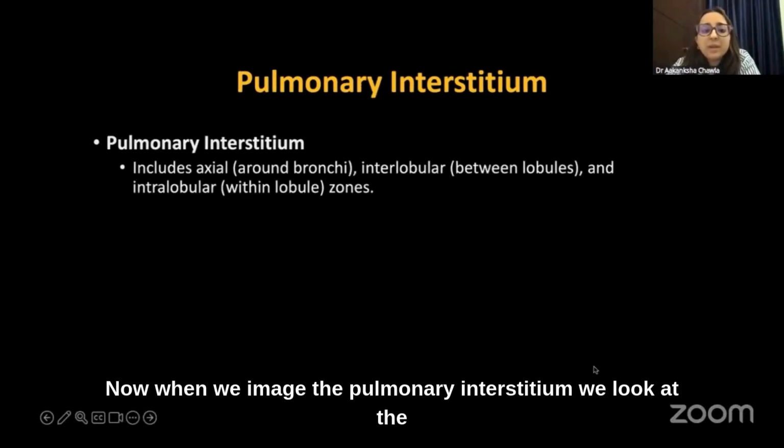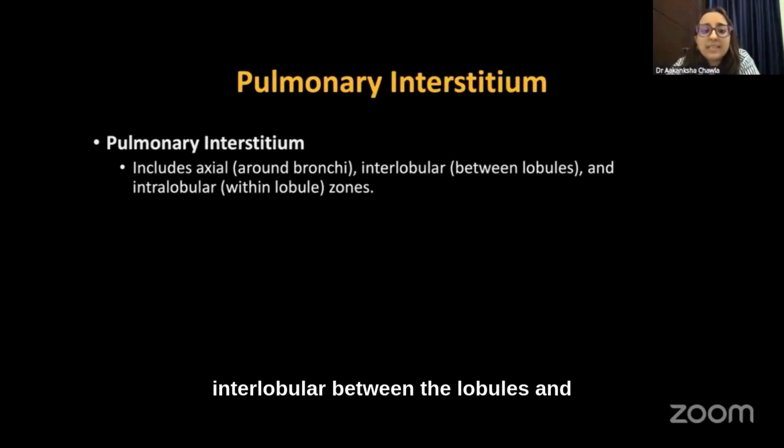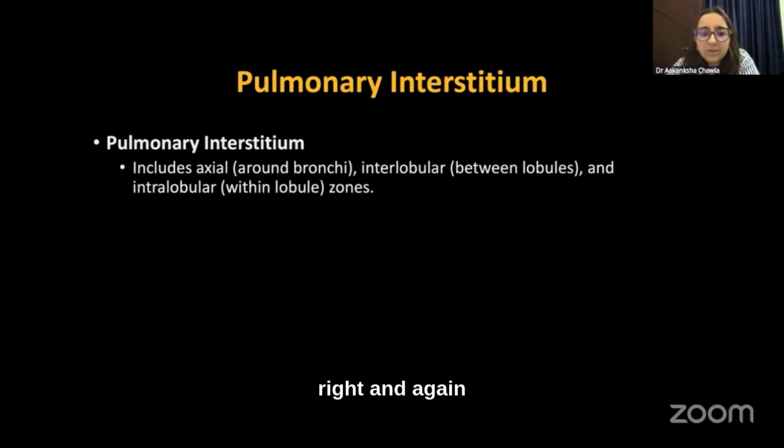Now, when we image the pulmonary interstitium, it includes the axial, which is around the bronchi, the interlobular between the lobules, and intralobular within the lobule zones. So between lobules, within the lobules, around the bronchi, right?